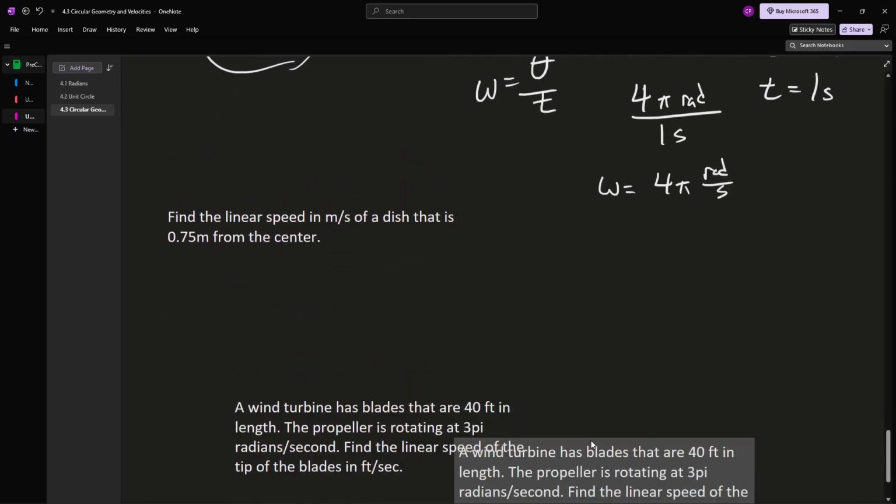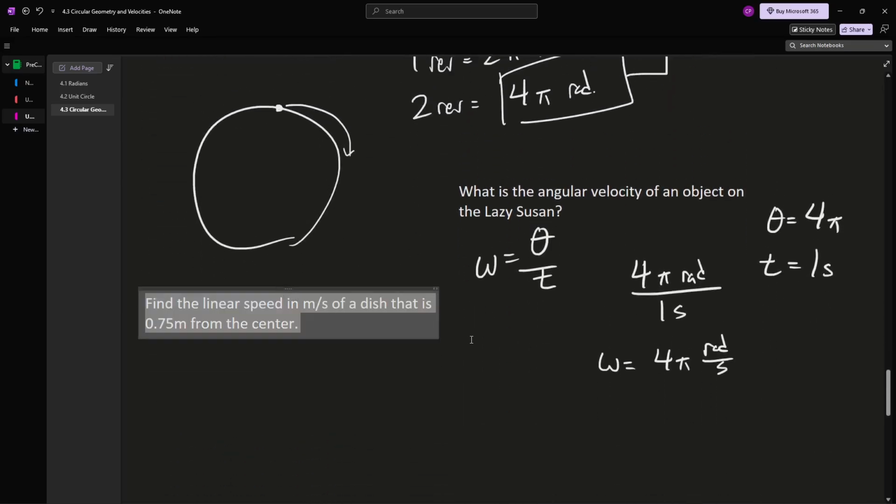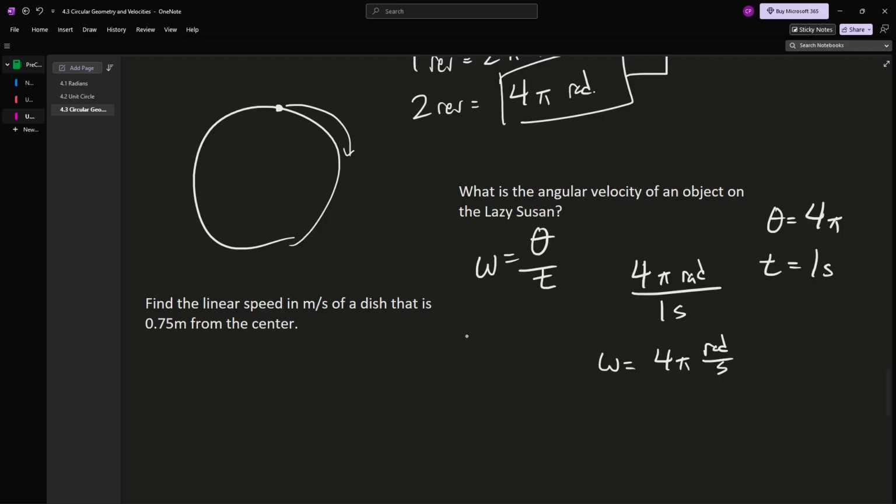But let's draw this on our little diagram. So my little Lazy Susan, little object that is 0.75 meters away. And it still spins. It was a bit messy in mine, but we see that the 0.75 is actually a radius.